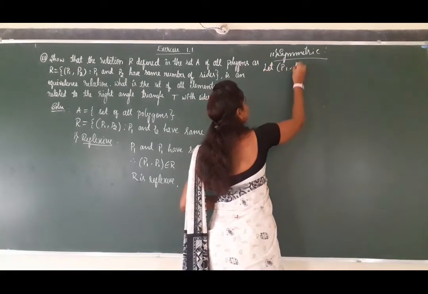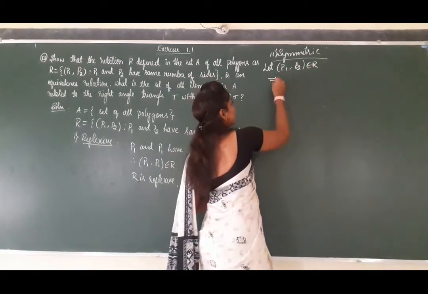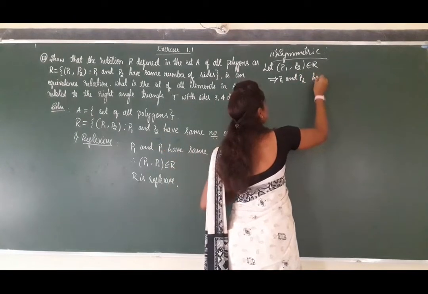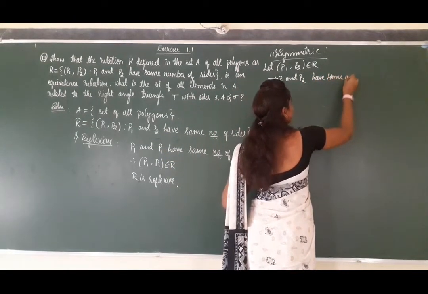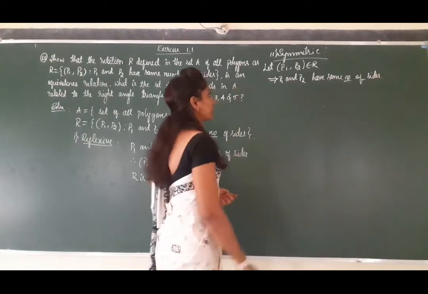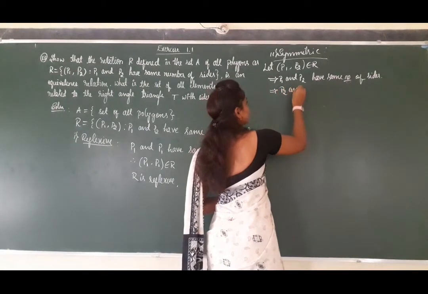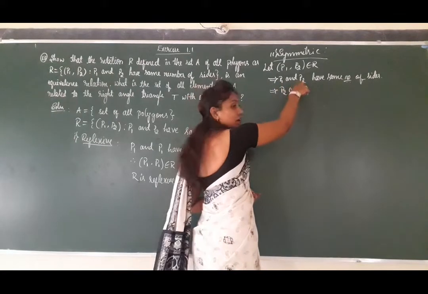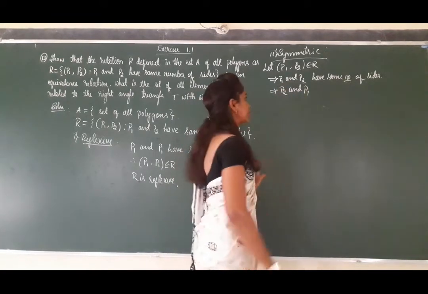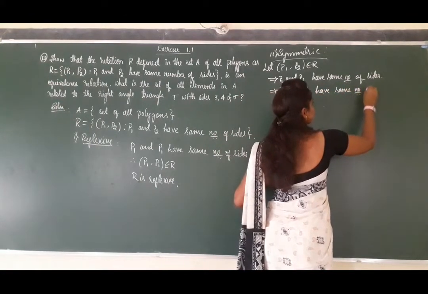Let (P1, P2) belong to R. First, we are taking (P1, P2) belongs to R. So the condition is P1 and P2 have the same number of sides.